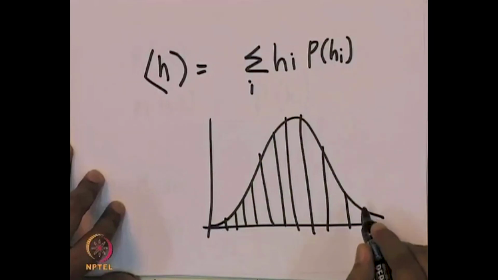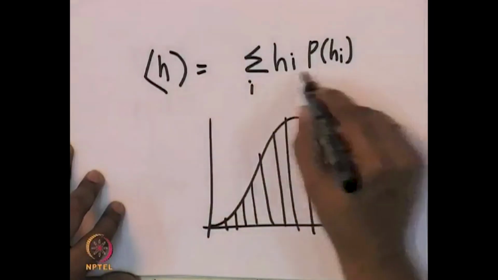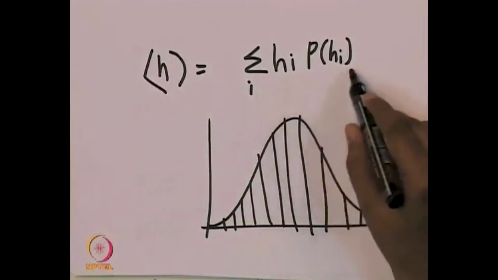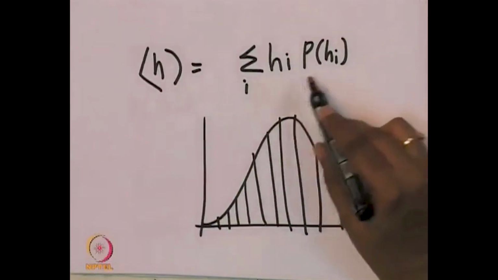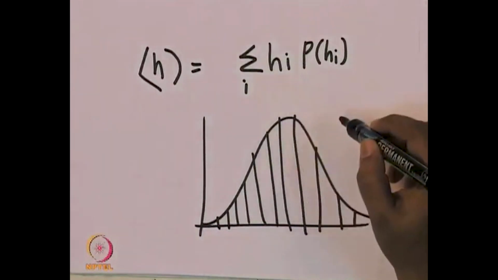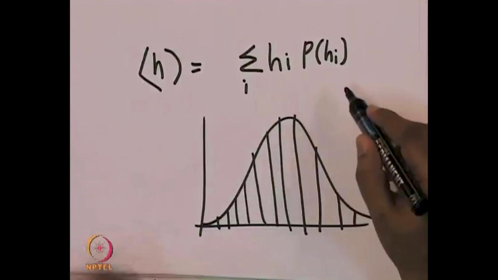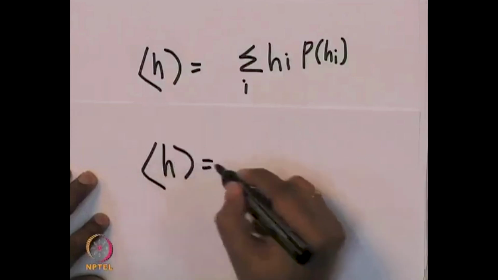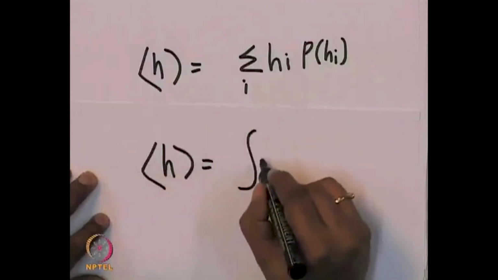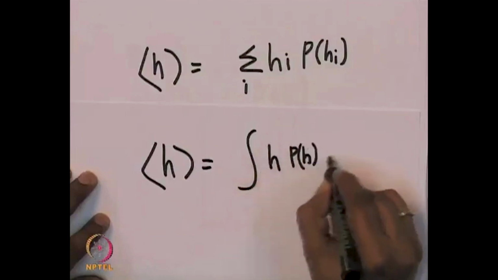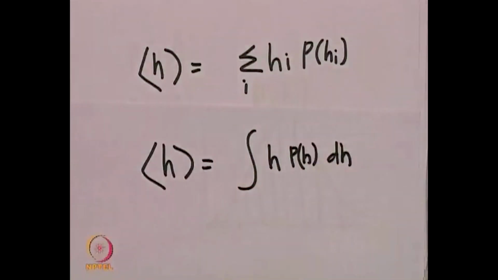In that case, you can write this sum as an integral, just by using the idea that we learned in integration. So, the h average can be written as, if h is a continuous function, integral h p of h dh.